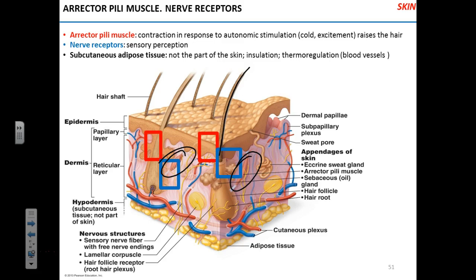Now, where do those responses come from? Why do you elevate your hair when you are frightened? You have goosebumps, right? Your hair goes up. Muscles constrict and elevate the hair, but what is the evolutionary role of that response?